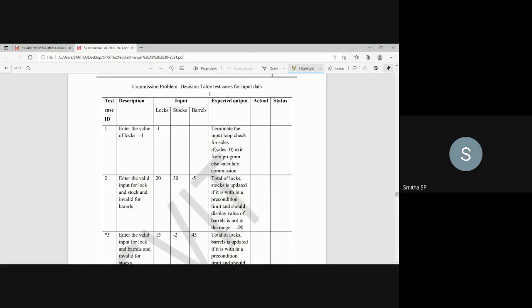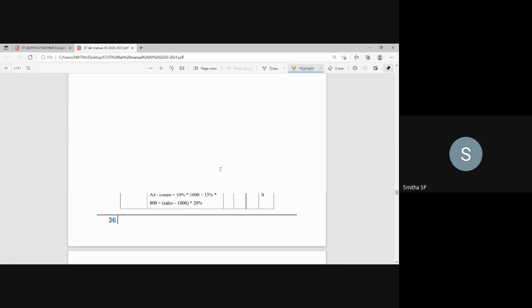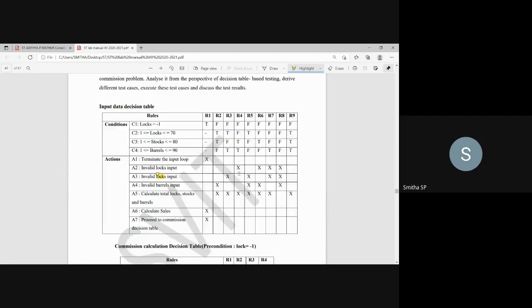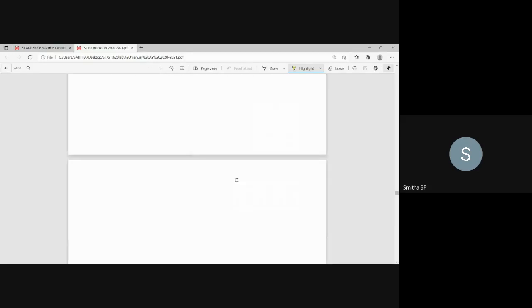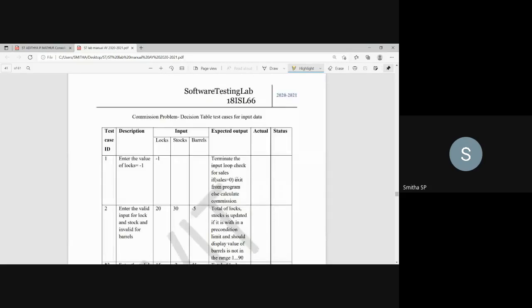So these test cases are for the input data. Looking into the first decision table, you have to derive the test cases now. So here you observe rule 1. In rule 1, logs equals -1 is your input, so that is satisfied, and the action is terminate the loop, then calculate the sales, then proceed to the commission decision table. So by looking into the decision table, you are writing the test cases.